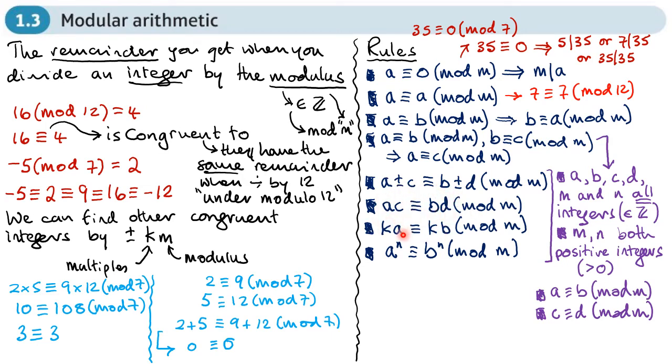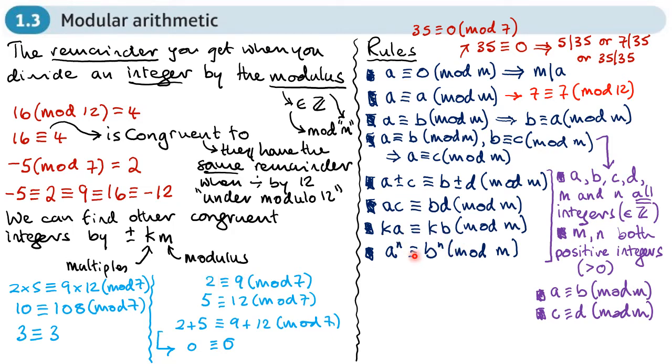Next rule down here: we can multiply both sides of a congruent relationship by the same number. Going back to 2 and 9, if I multiply both sides by 7 or 8 or 9 or 10 or any number, the relationship still holds.